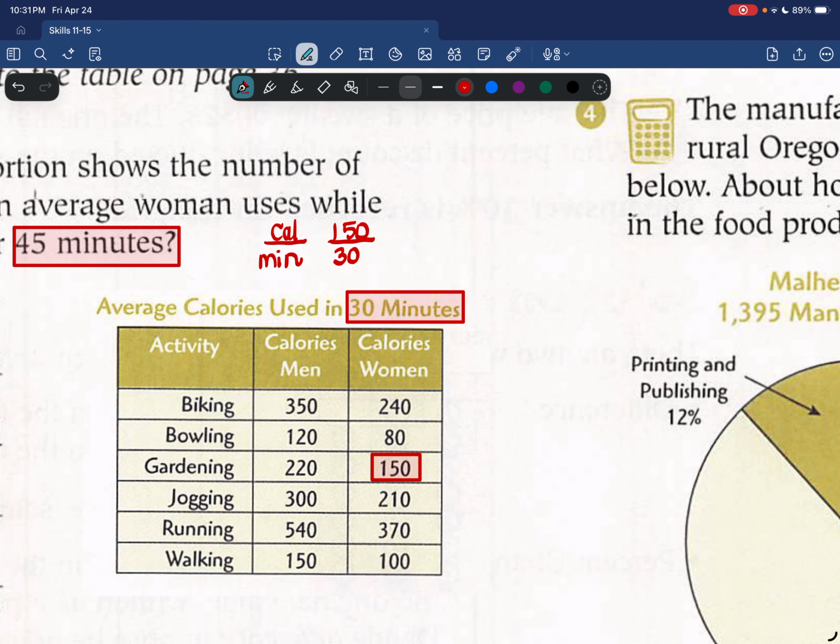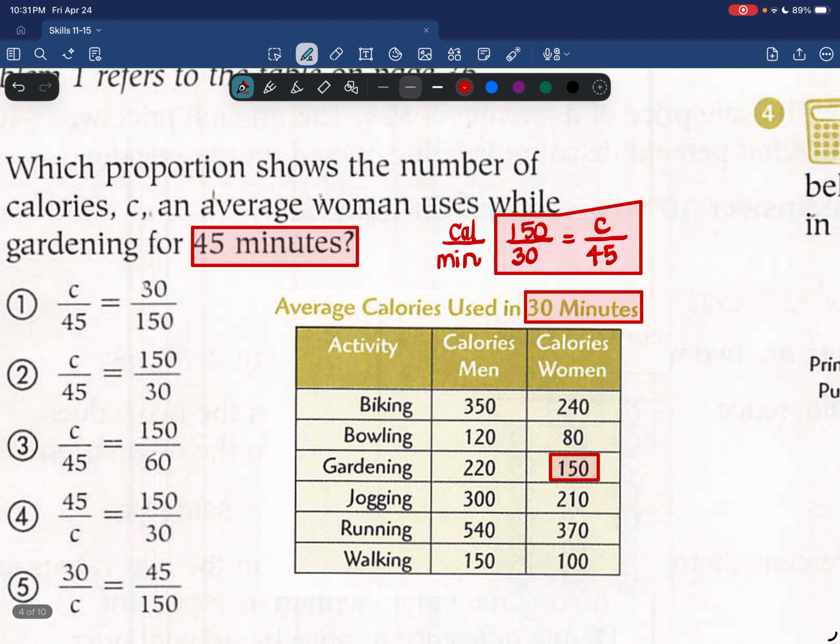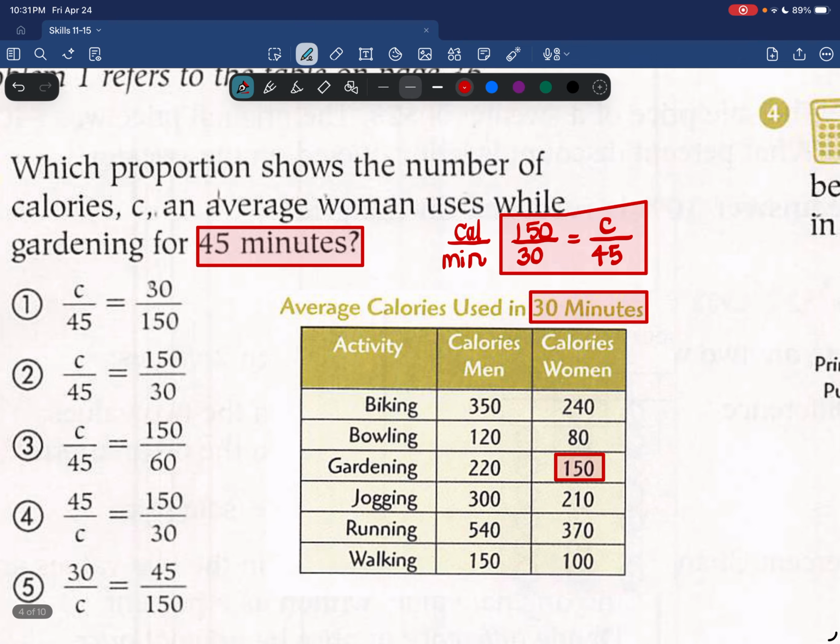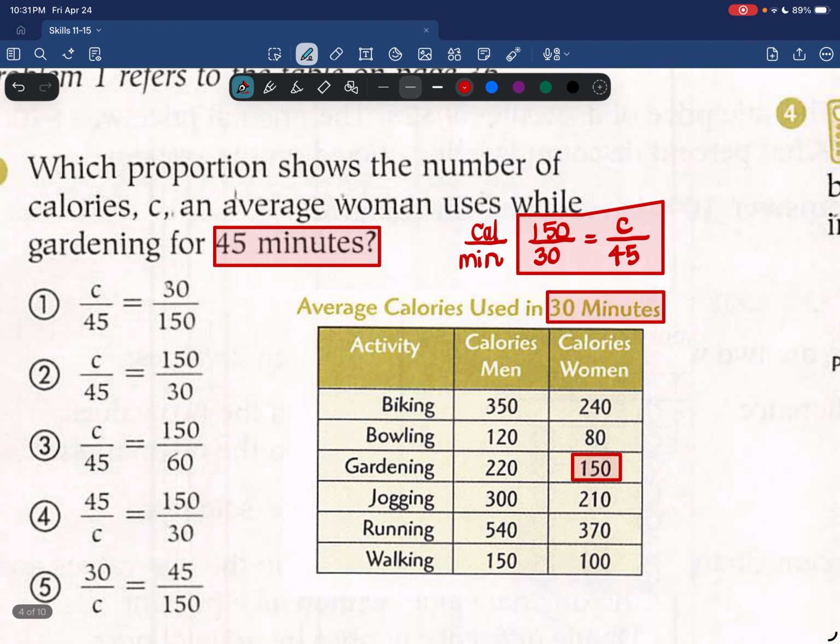So what if she gardened for 45 minutes instead of 30 minutes? And we're supposed to use the letter C for calories. So our answer will actually look something like this. And we have to look at our choices to figure out which one it is. I'm looking for 150 over 30.